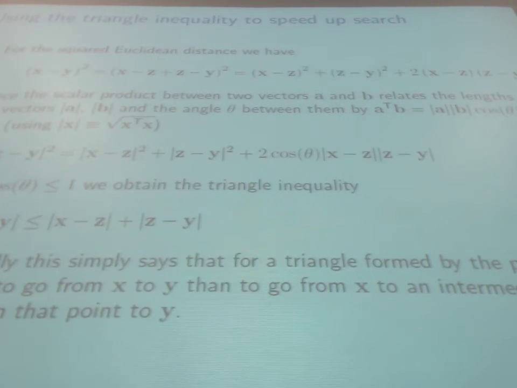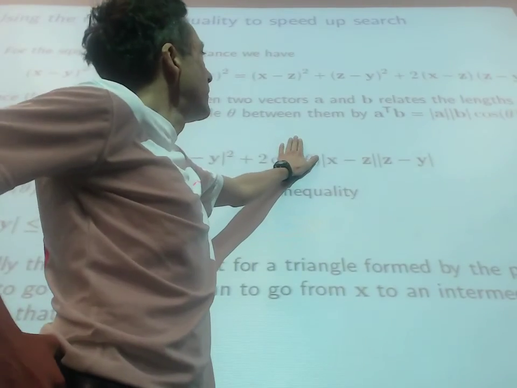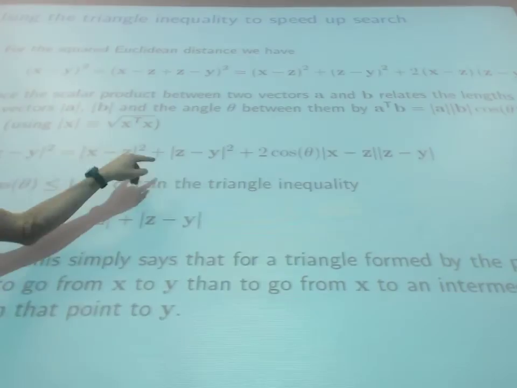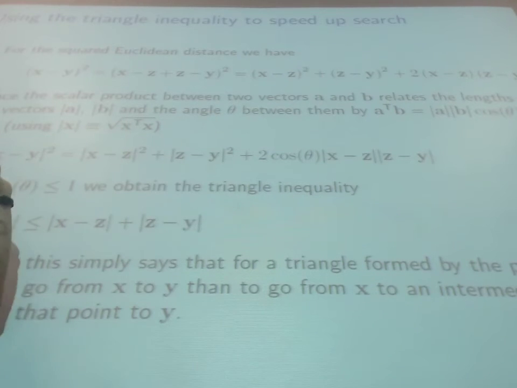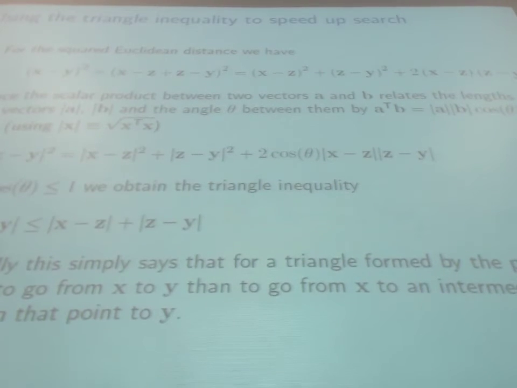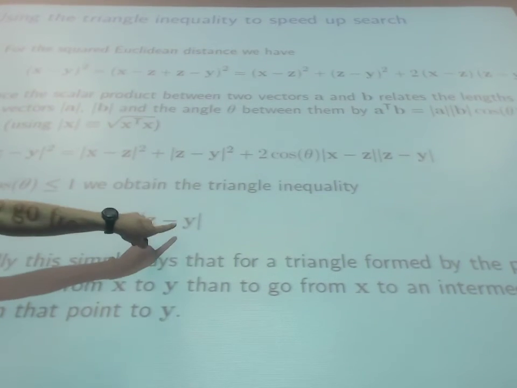Then we can use the fact that cosine theta is bounded above by 1. Okay, so this whole thing on the right would be less than that, and then you recognize that that thing there is just the square of x minus z plus z minus y. So then you can take the square root on both sides, and you're left with that the length of x minus y is less than the length of x minus z plus the length of z minus y.